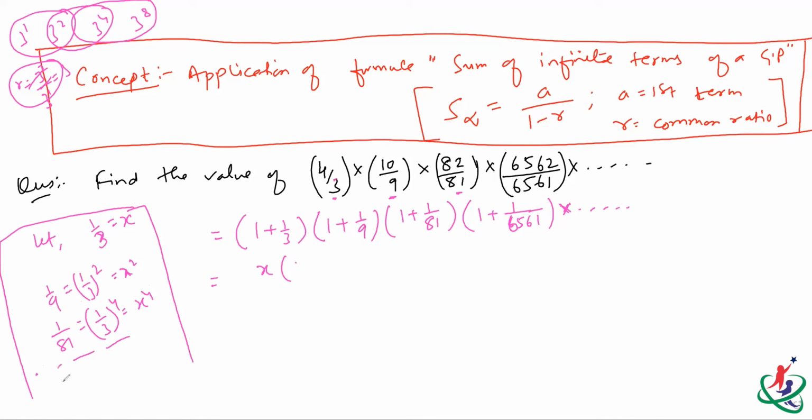So this way we can write. Now if I write this, we are getting the expression (1 plus x), (1 plus x square), because 1 by 3 is x, (1 plus x to the power 4), (1 plus x to the power 8), and so on, right?